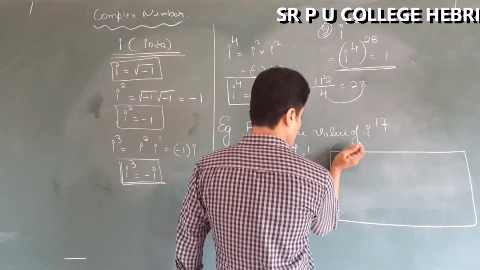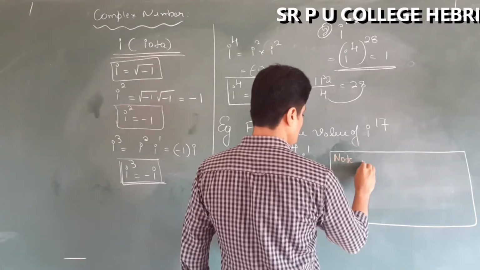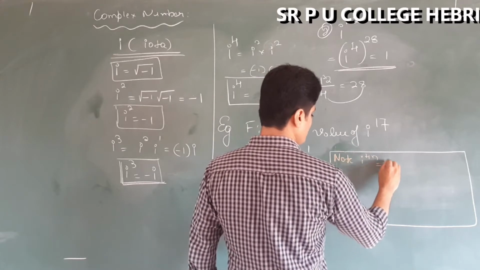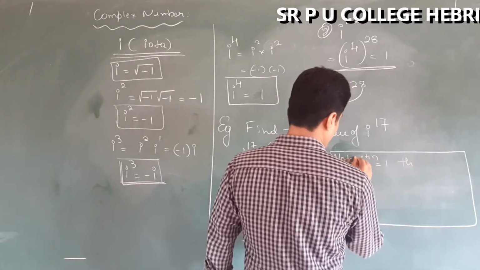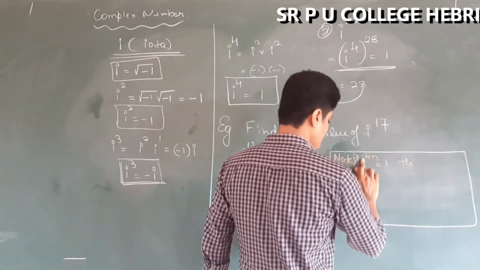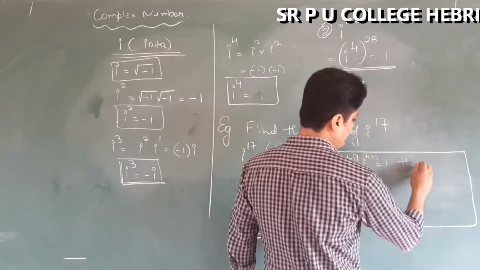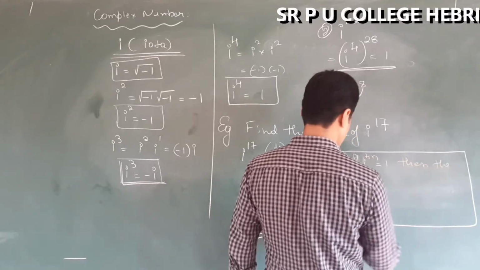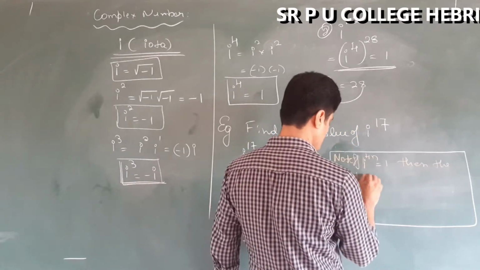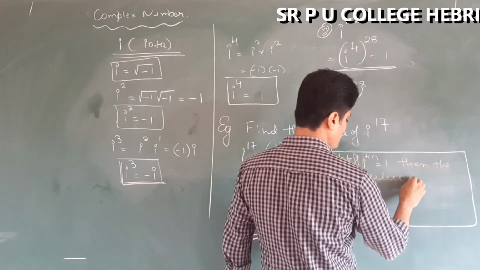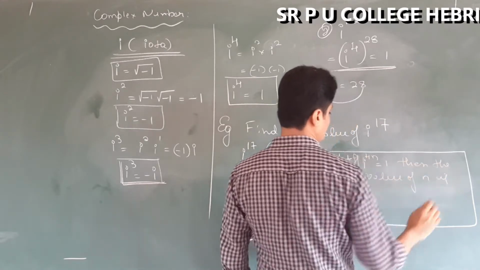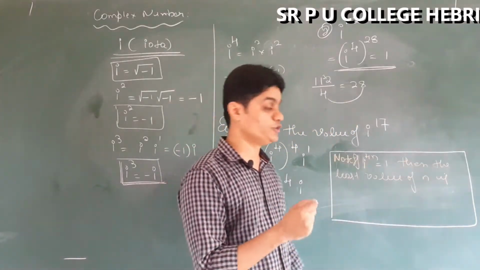Note: if i power 4n is equal to 1, then the least value of n is, can you tell me what is the least value of n for that?